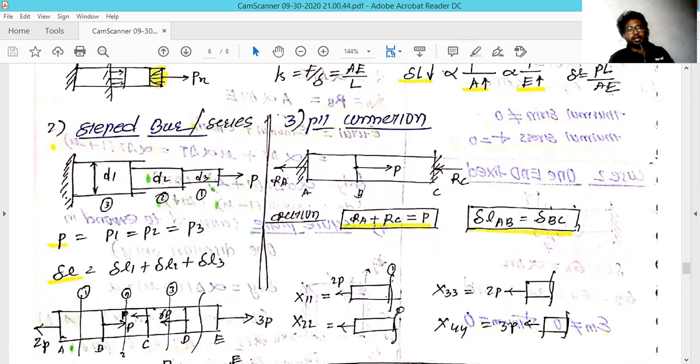And in this condition it remains constant for all three, because if you take the first cross section, only the P value is going to apply on this section. If you take the second one, only the P value is going to apply on this cross section. And if you take the third as well, the same P value is generated at the fixed surface.